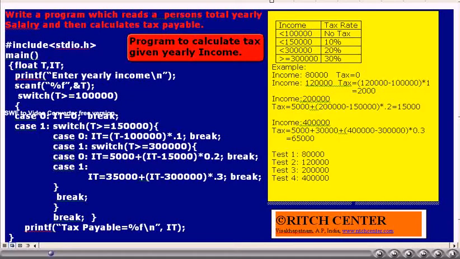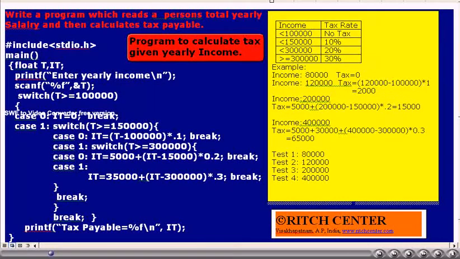Now consider a candidate whose total income is 4 lakhs. As usual, for the first 1 lakh, there is no income tax, 0. The next 50,000 rupees, 10%, that is 5,000 rupees. Then we have said less than or equal to 3 lakhs, that is 20%. So now he has 1.5 lakhs above 1.5 lakh.